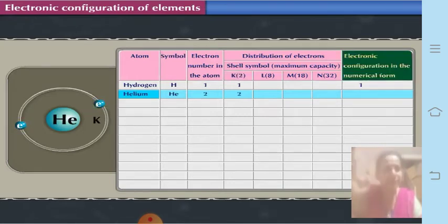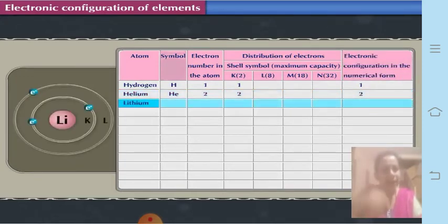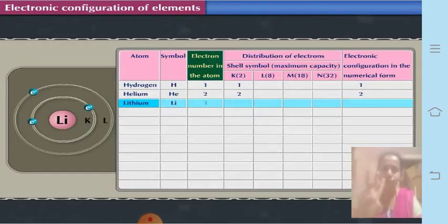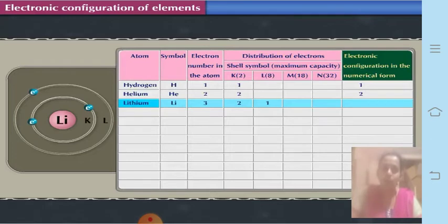Then the third one we have is lithium, whose symbol is capital L and small i, Li, and the number of electrons it has is 3. The first shell's capacity is only 2, so it will have 2, and the next one will go in the L shell, that is 1 electron in the L shell. So its electronic configuration becomes 2, 1.